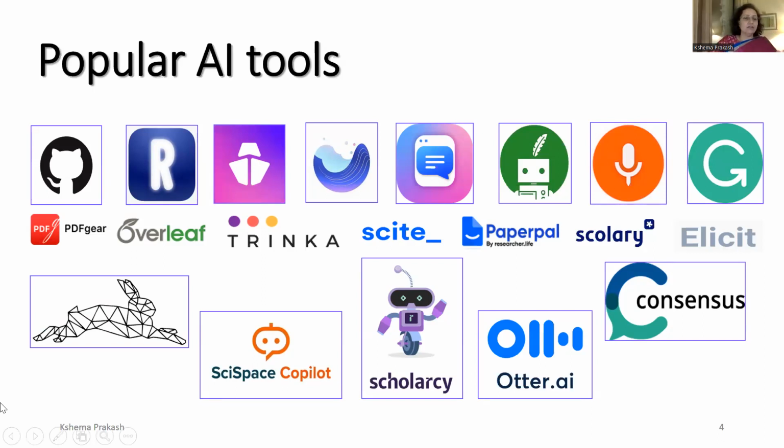And then there is something called Research Rabbit, which helps one in the literature review. And many people must be using SciSpace Copilot as well for generating the literature review or background literature, or for checking the content. Likewise, there are many tools.